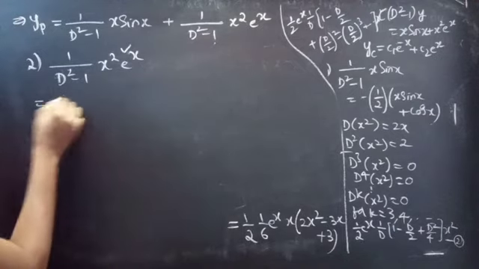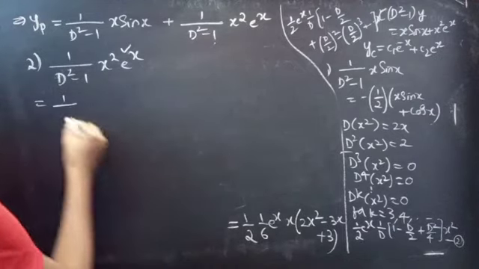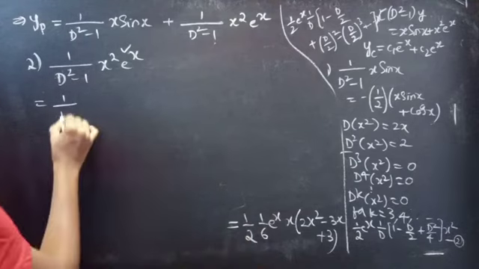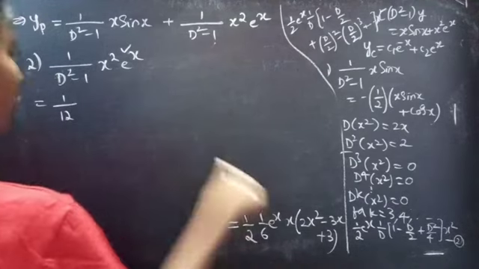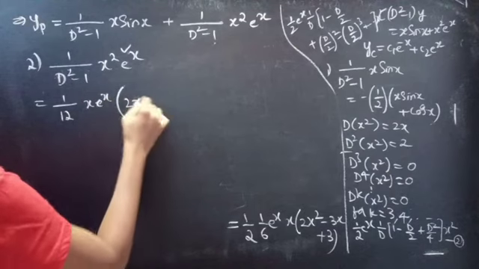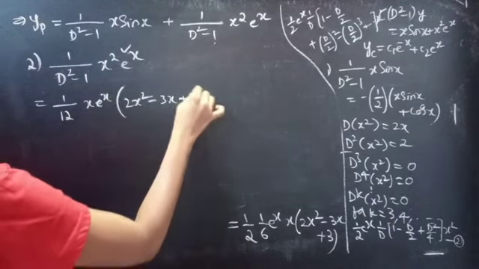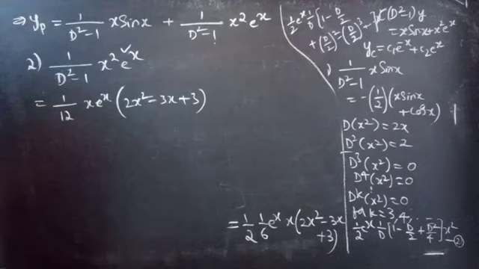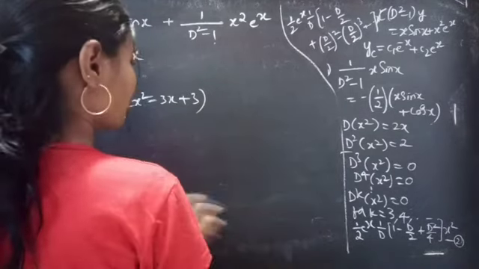This becomes 1/12 e^x times x, that is x e^x (2x² - 3x + 3). This is the result obtained from the second term.